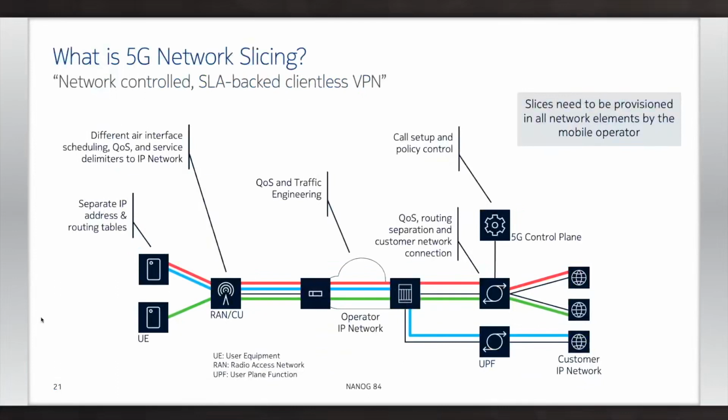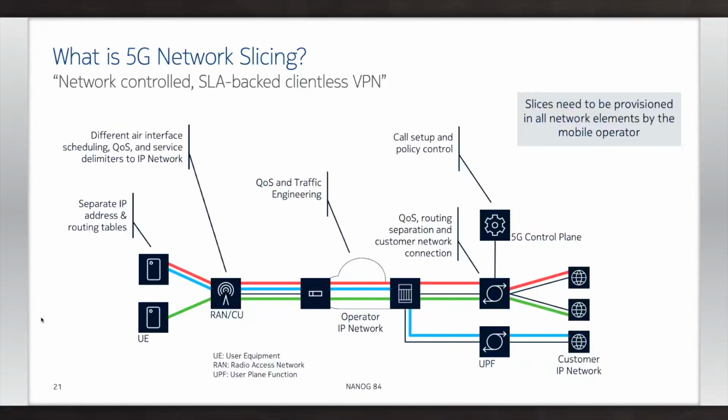It's network controlled because the operator controls that VPN. So the operator needs to provision the slices in all elements of the network, including the devices themselves. And it will operate and needs to create those slices before you can even use it. So it is network control. It will control who uses what and where.